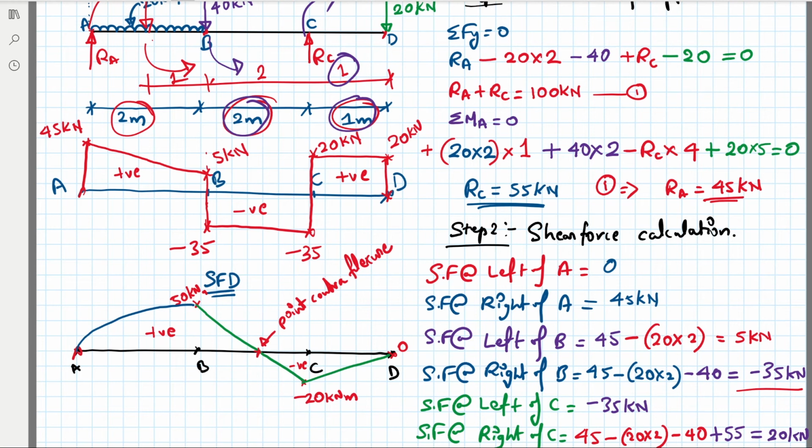In the question they asked us to find the point of contraflexure for this problem.